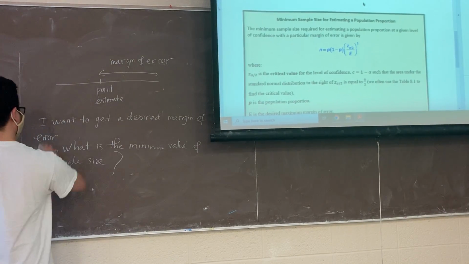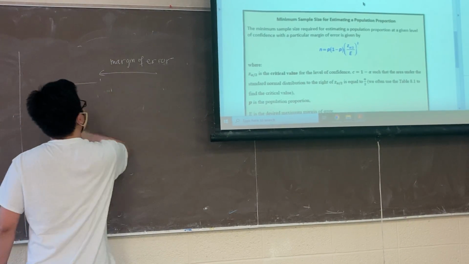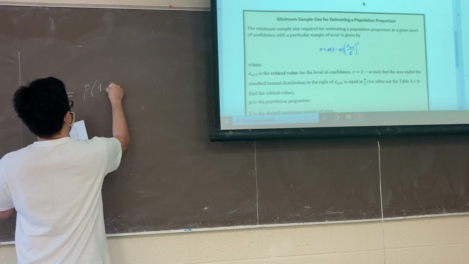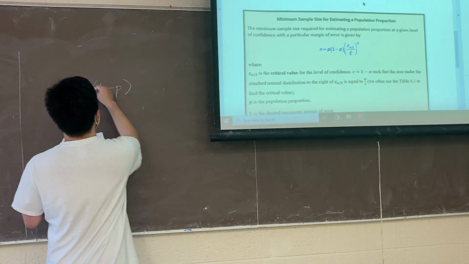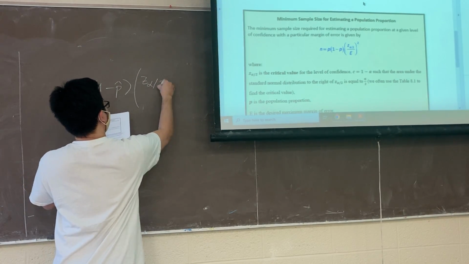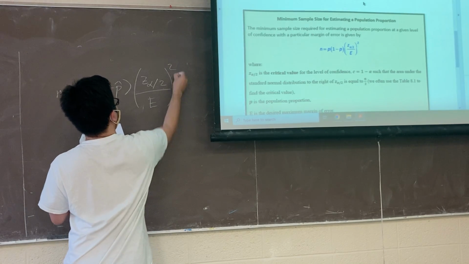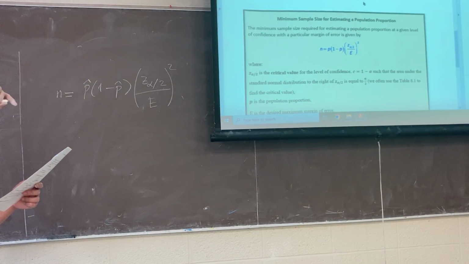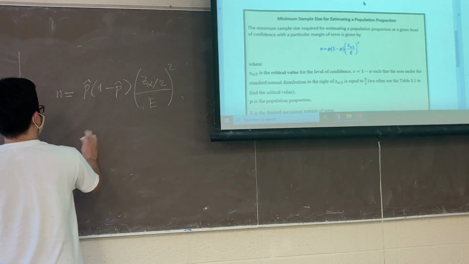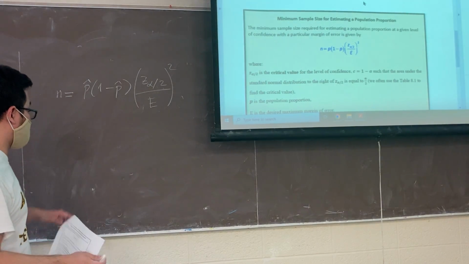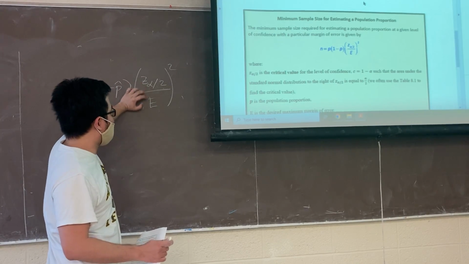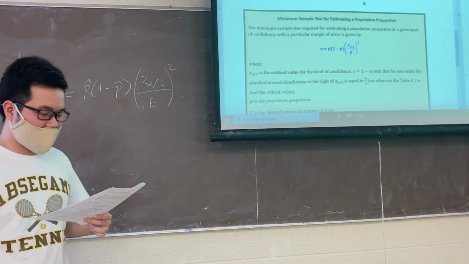I write it down here. n is p(1 minus p) times (z alpha over 2 over E) squared. After that we will get the desired n. And z alpha over 2 you can find by using table 8.1. The critical value. E here is the margin of error. We want to find this.